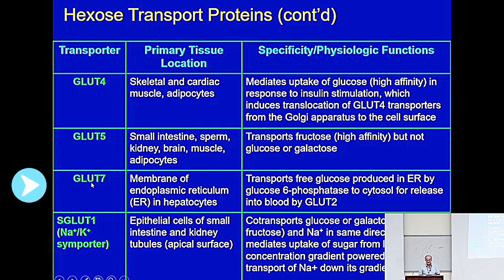GLUT7 is unique in that it is intracellular. It's inside the cell. It's part of the ER membrane, endoplasmic reticulum.